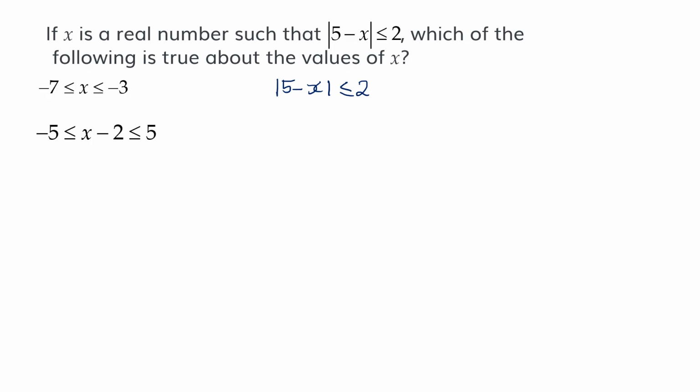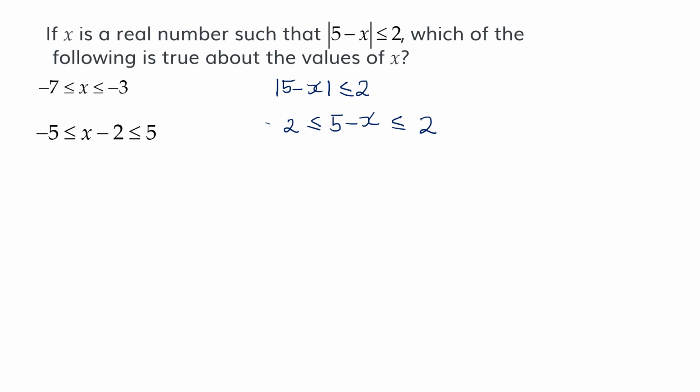So let us recall, how do we remove the absolute value sign? If we have less than or equal to, what happens is that the number inside your absolute value gets sandwiched by 2 and negative 2, meaning to say we have 5 minus x is between negative 2 and 2.